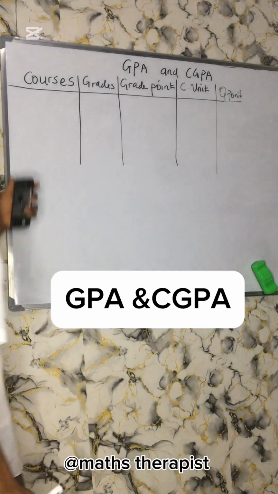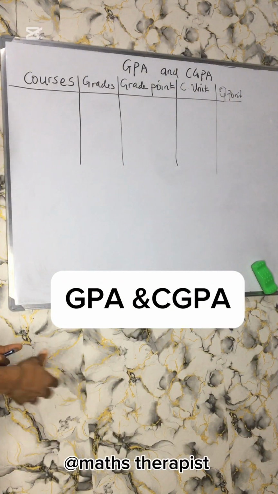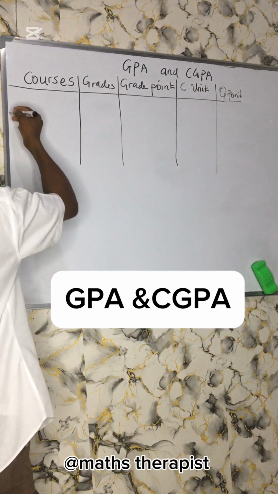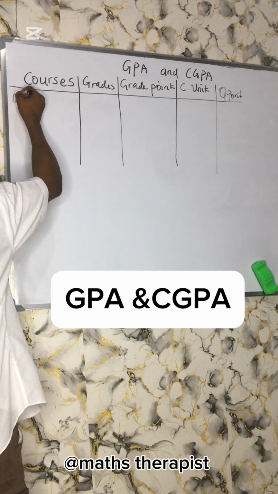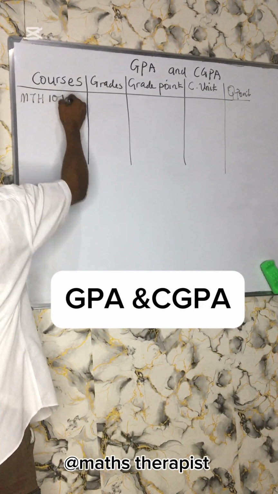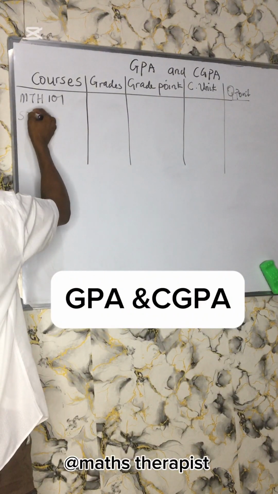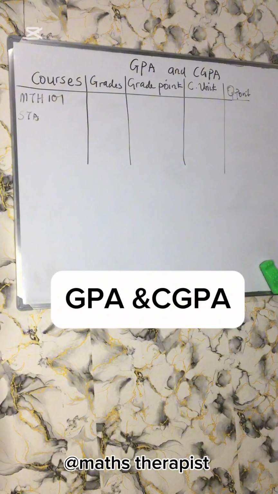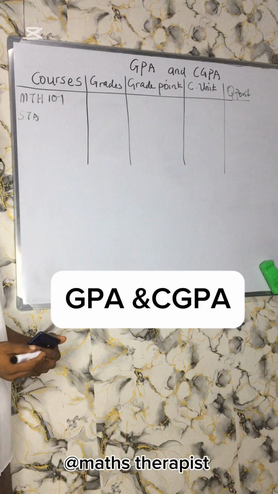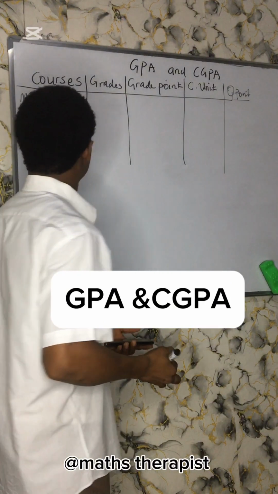For these courses, I can assume a university and list some courses like MTH 101, STA, since some universities or polytechnics do STA. Let me get another marker.